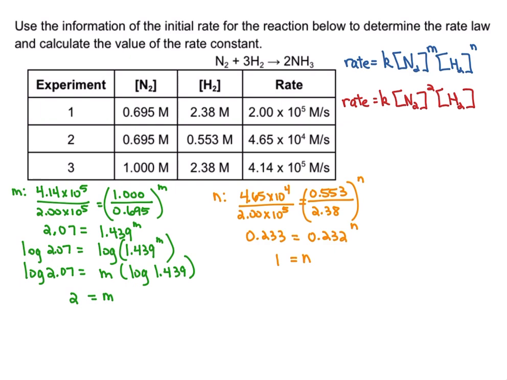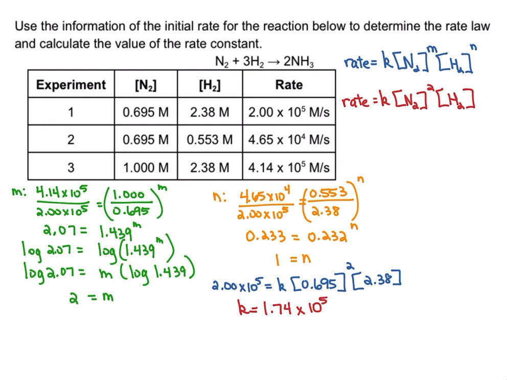So I'm going to go with experiment 1 here. Don't forget to use the proper power. So concentration of N2 to the power of 2 times the concentration of H2 to the power of 1. So I'm going to go ahead and solve for K, and K should equal 1.74 times 10 to the 5th.